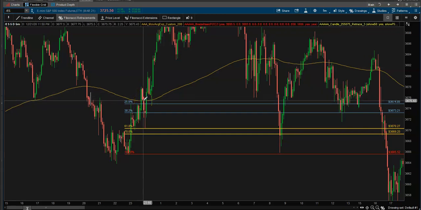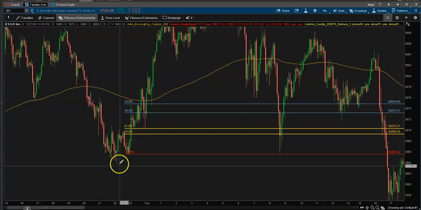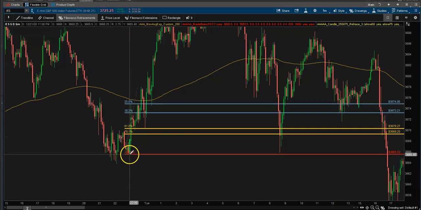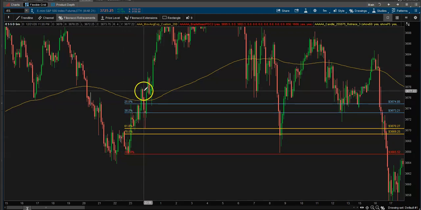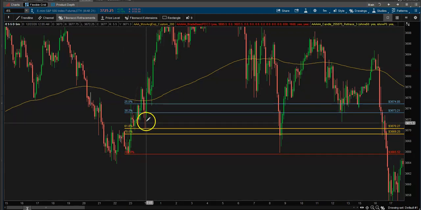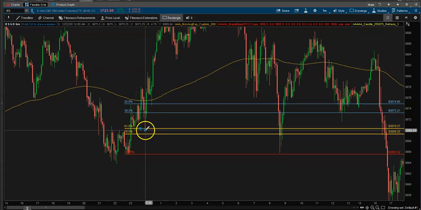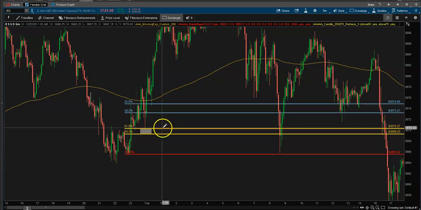That's all the reverse waterfall is. It's pure price action. We then draw our fibs from this low to this high, and we want to look for a pullback right into our 61 to 70% fib level zone.